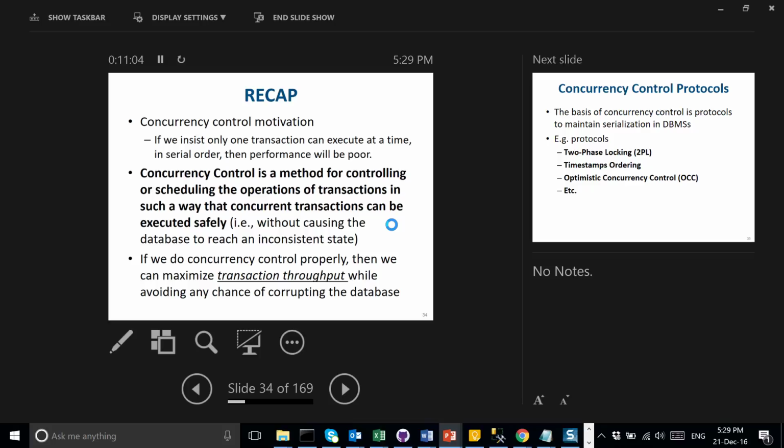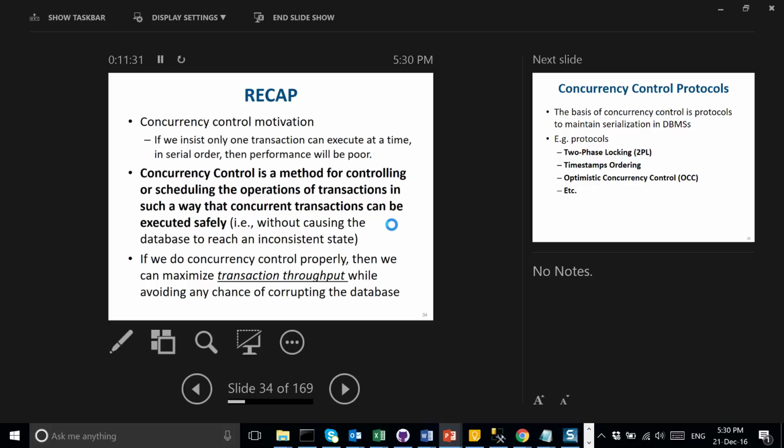So for these reasons, database management systems need to invest in mechanisms to allow these concurrent transactions to execute, but without having these unwanted side effects or unwanted anomalies like lost update and dirty reads. So that's basically the goal.